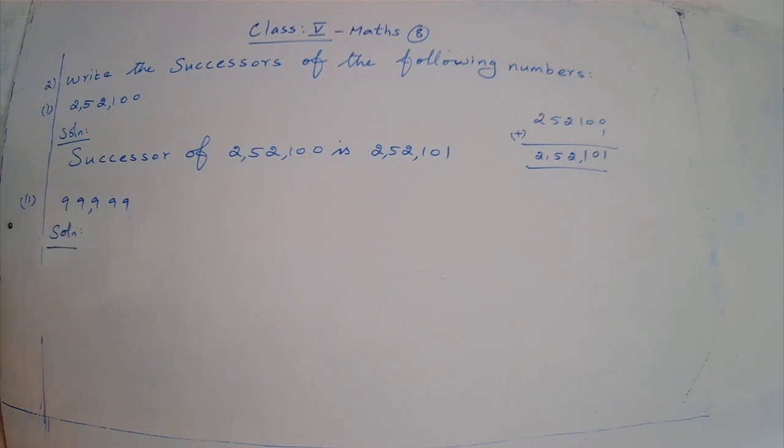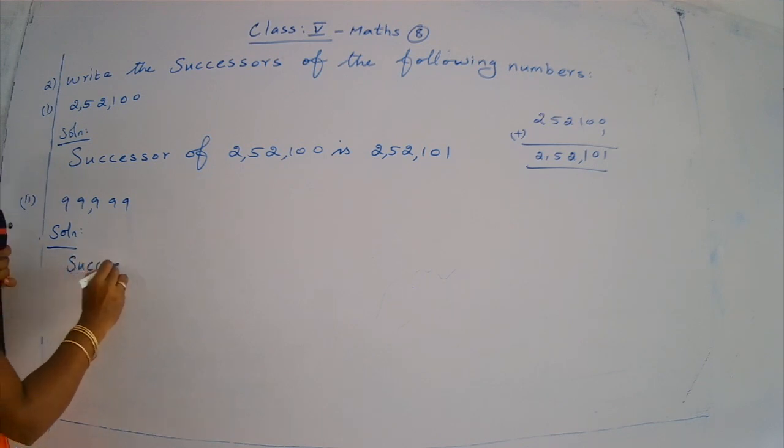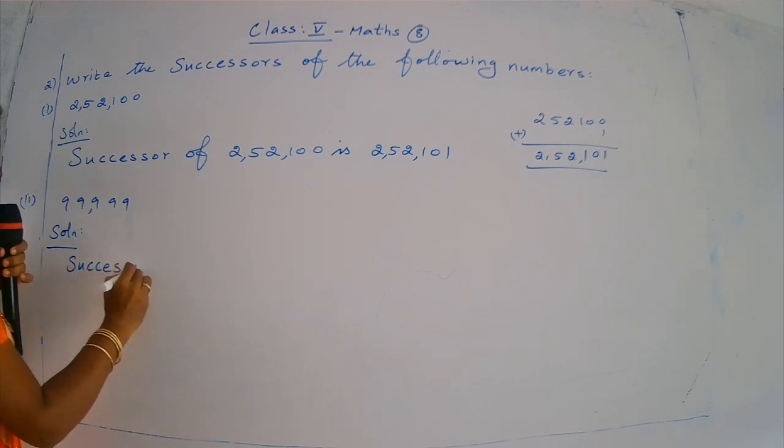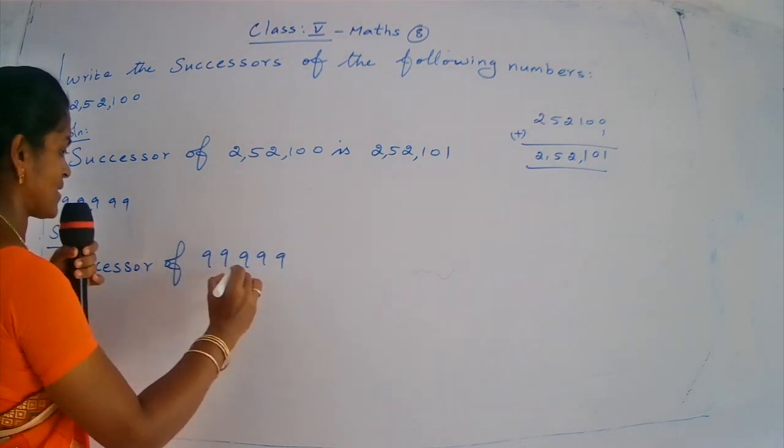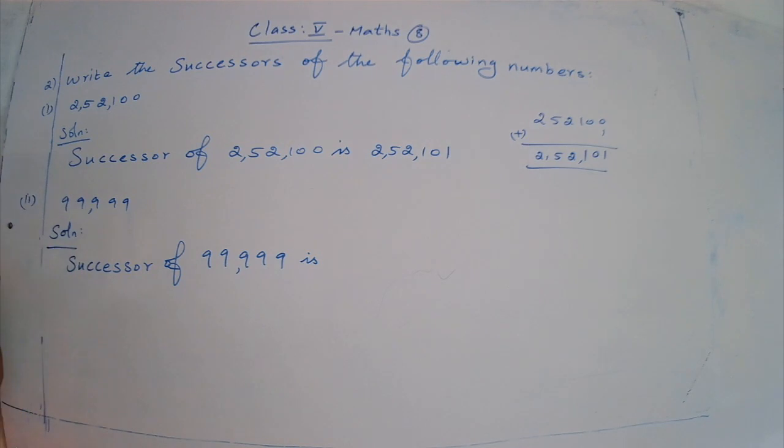Your question is 99,999. What is the successor of 99,999? It is the next number, the number after it.